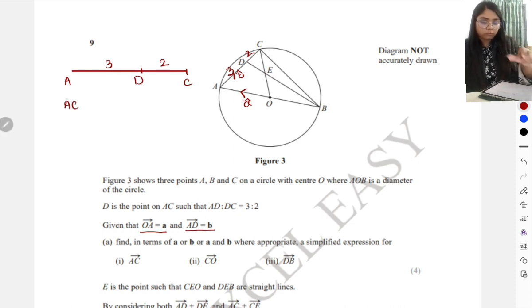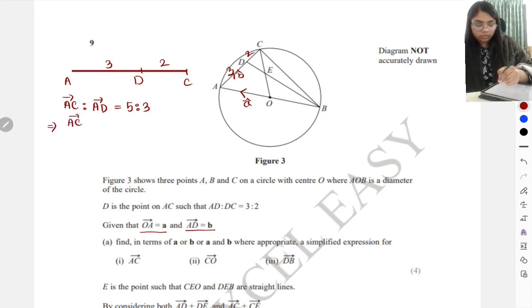So I'm going to write AC is to AD, as AC over here represents the total length. It's going to be the summation of the corresponding fractions, 2 plus 3 is going to be 5. So we have 5 is to, for ratio of AD, that's 3, right? You can obviously write this as fractions. That's going to be AC over AD is equal to 5 over 3.